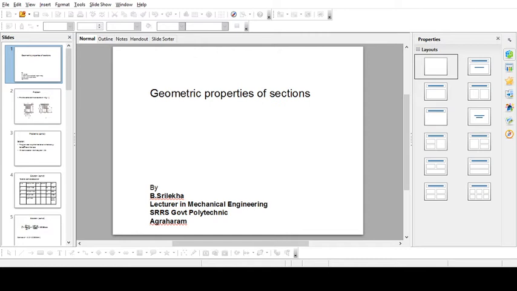So pi into 40 square by 2, and the x term would be 140. Area into the x term is minus 2512 into 140, so you will get minus 351680 pi.